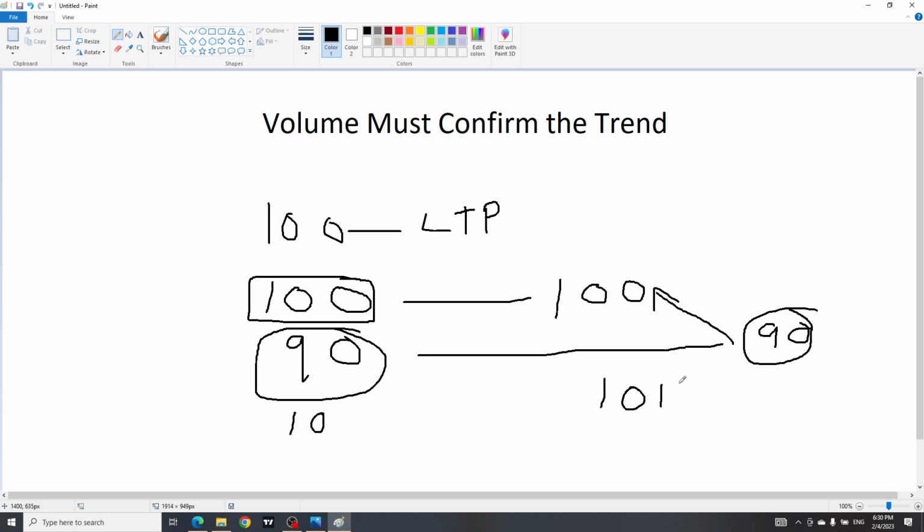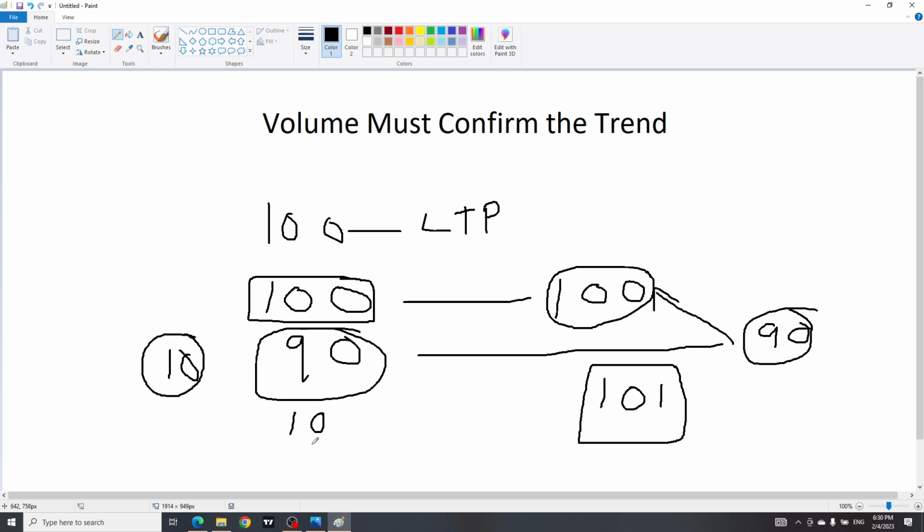In between, there is no seller for 100 rupees, but there is a seller for 101. Somebody came in between, and your 10 stocks are pending. Somebody came and submitted an order for, let's take an example, one stock with a market order.